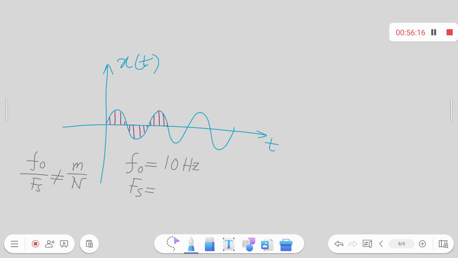So in that case, what do I find? What is fs? 1 upon fs is the duration between two consecutive samples.